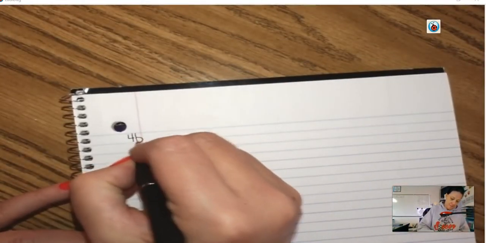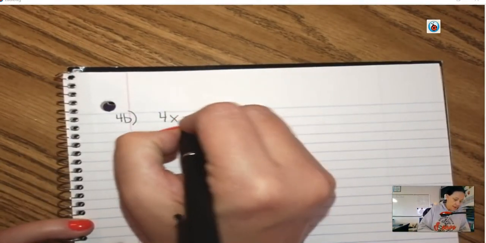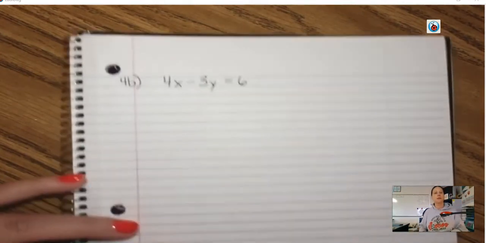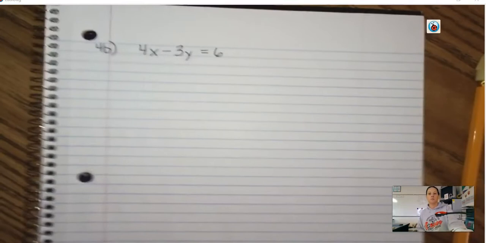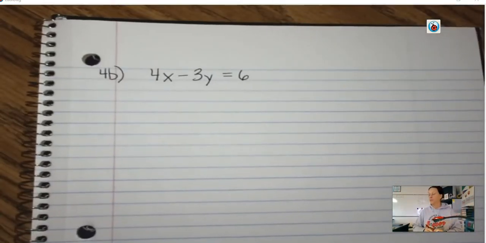Okay, last one. This is 4B. 4x minus 3y equals 6. We need to find the slope, and we need to graph it.